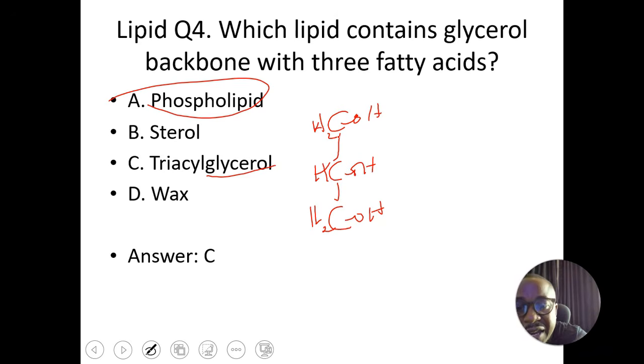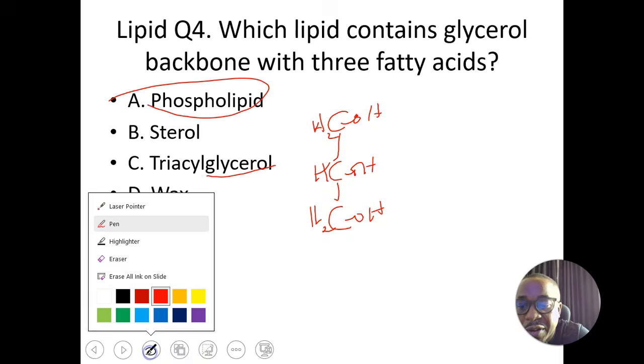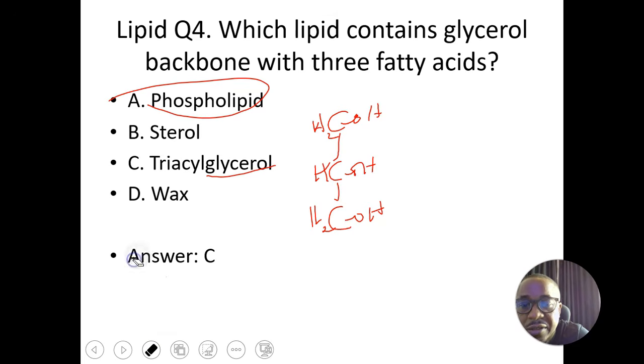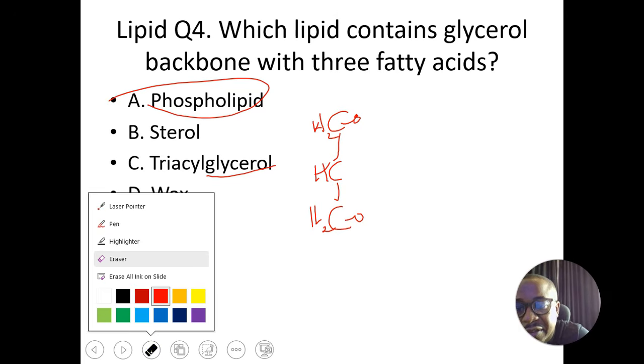But for triacylglycerol, each of this OH group is esterified to a fatty acid. I'm deleting the H. Is esterified to a fatty acid.